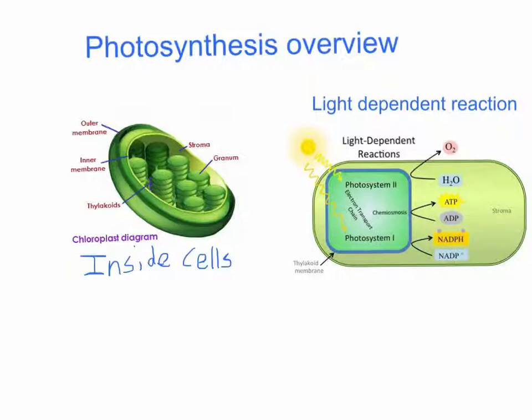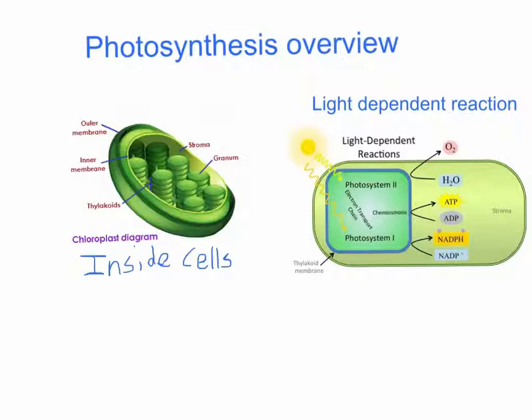So, you can see in your notes, it says the light energy is captured by chlorophyll and is used to split the water molecules into hydrogen and oxygen. This process is called photolysis. I'd underline that. And the oxygen that's produced is given off as a byproduct.